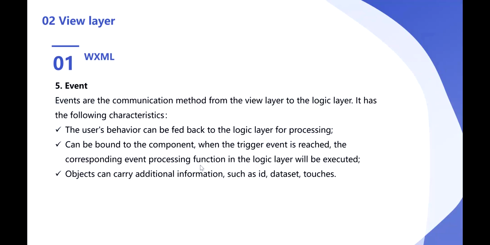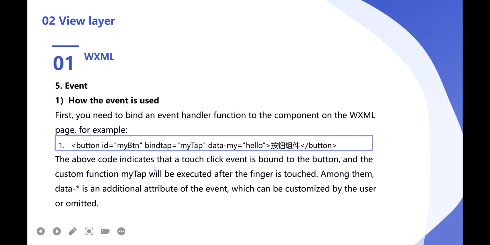Yeah, we'll see how we can use events. In fact, even before we have used some events. We need to bind an event handler function to the component on the WXML page. Here we have an example of a button.